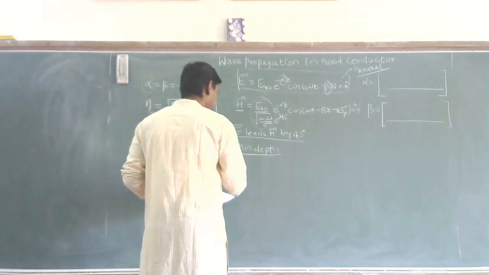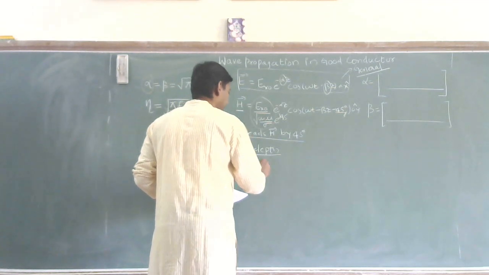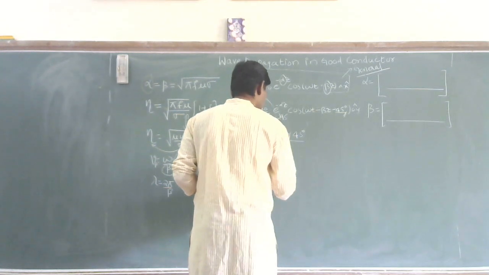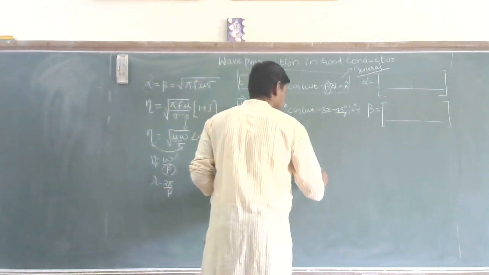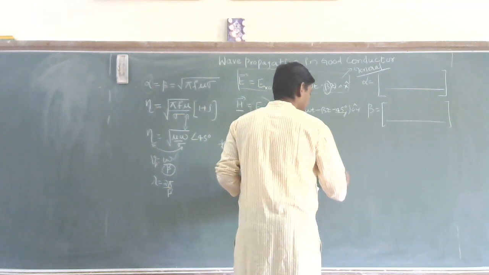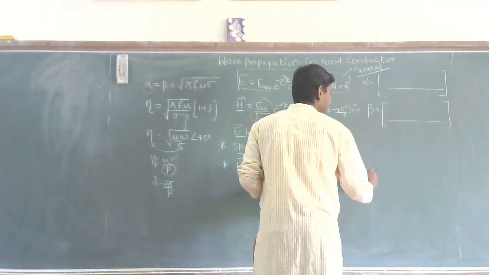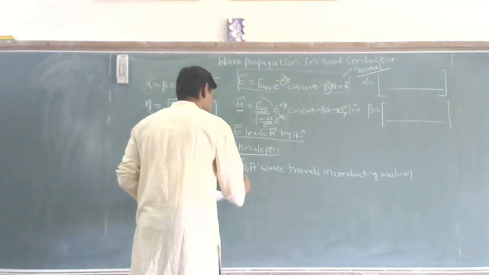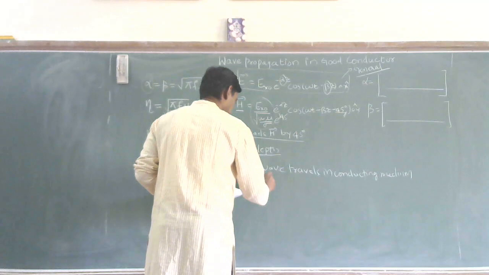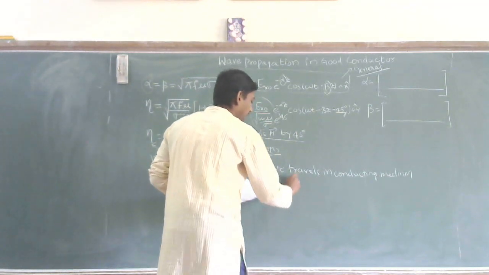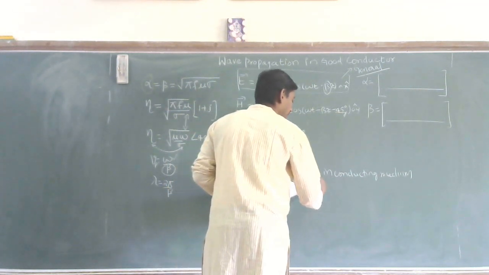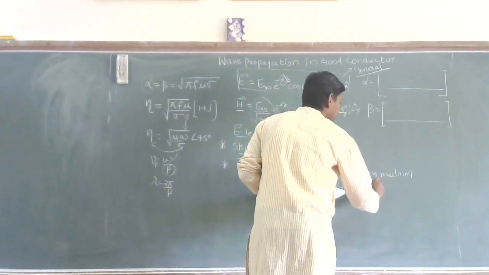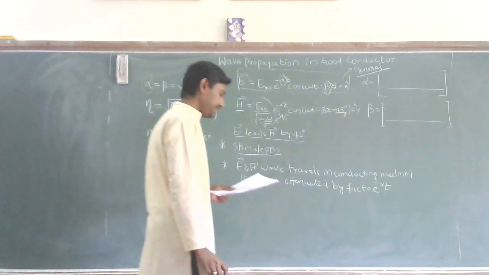We know that as the E and H wave travels in a conducting medium, its amplitude is attenuated by a factor e to the power minus alpha z.